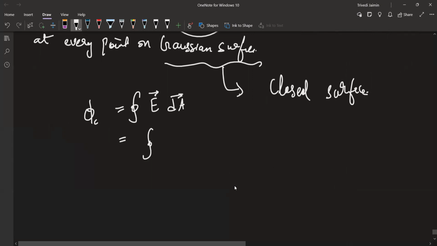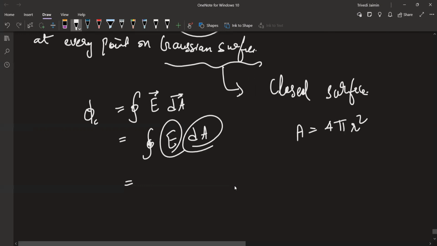Integration E dA, where A equals 4 pi r square, epsilon naught equals to, in A also will be 4.